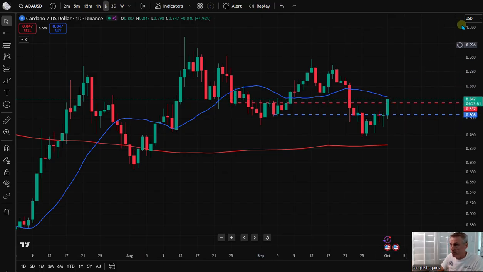I know that doesn't probably make too much sense, but previous support or previous resistance. See support here, resistance up here. As price comes down, many times we'll use that as support, okay? Or if it's coming up, that support will be resistance, okay? So anyway, let's move to the next one, Link.